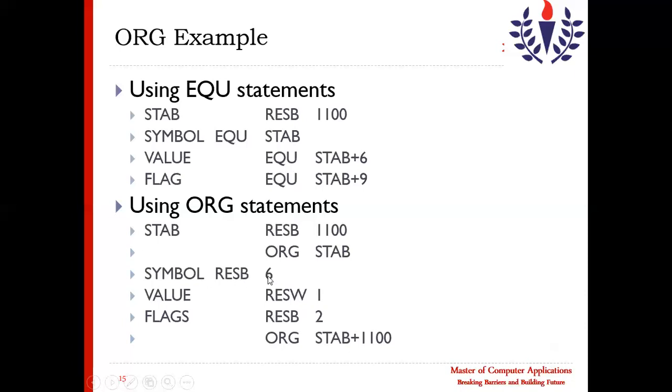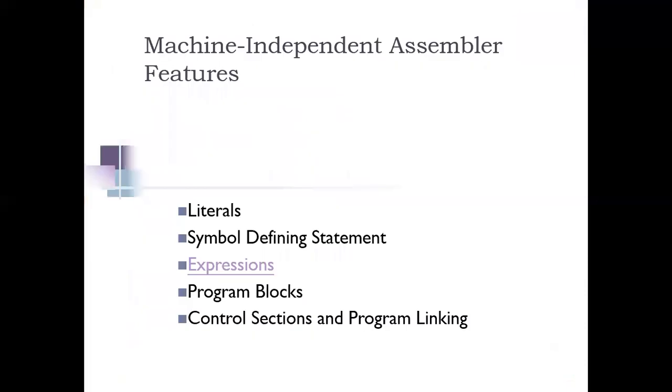So it will be reserved with 6 bytes, then one word, then 2 bytes again, and then the next region will be after stab plus 1100. Again the next region. So this is how we can define our symbols if we are using the EQU statement or the ORG statement. So this is defining symbols.